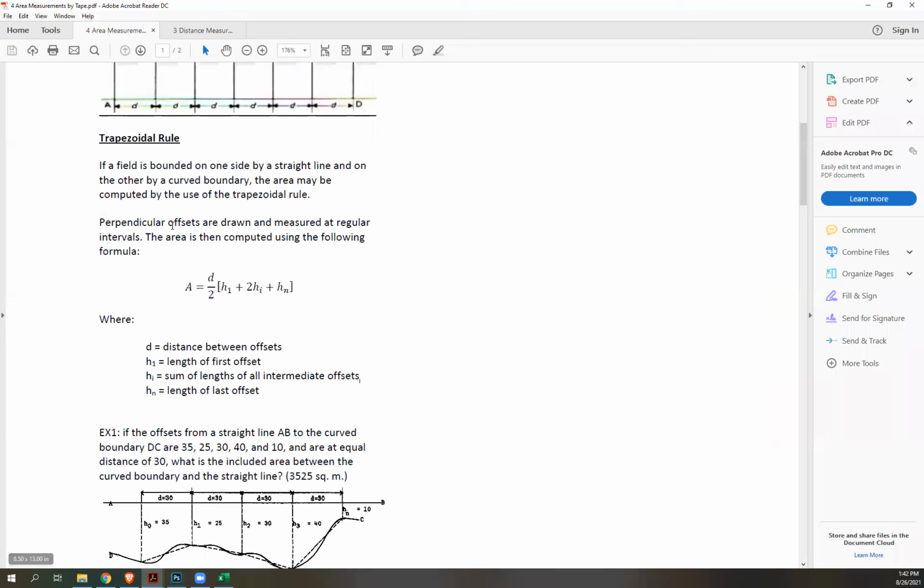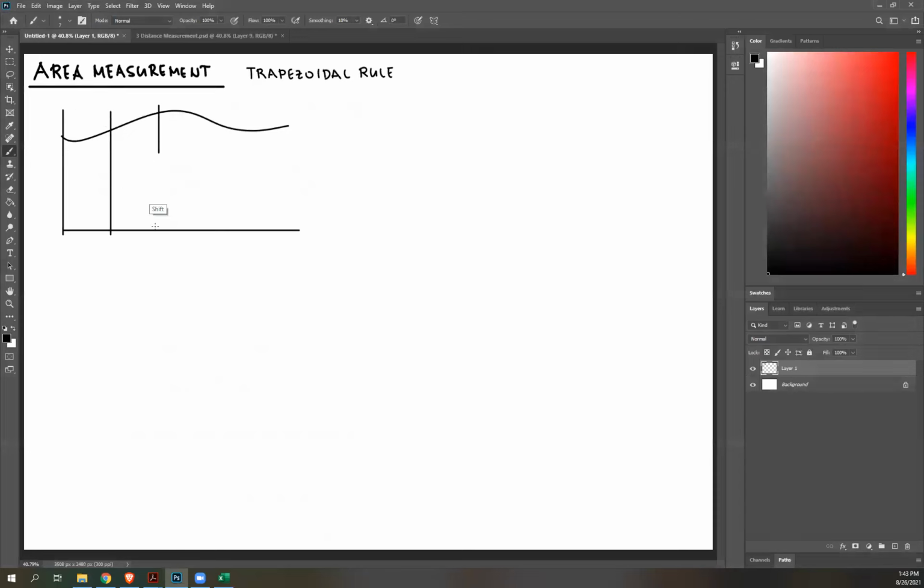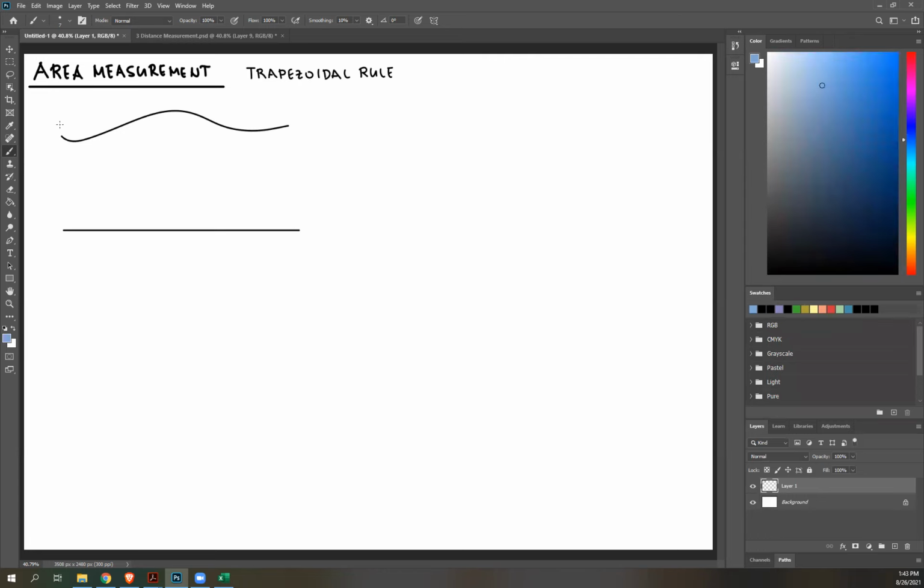And then remember, what we'll do is create perpendicular offsets. Again, we're creating perpendicular offsets, and they are drawn at regular intervals. Okay, so let's do that. So offsets at perpendicular, regular intervals. Okay, let's choose a different color.